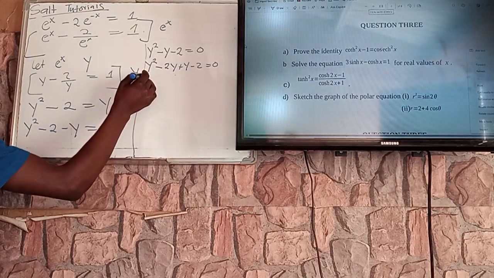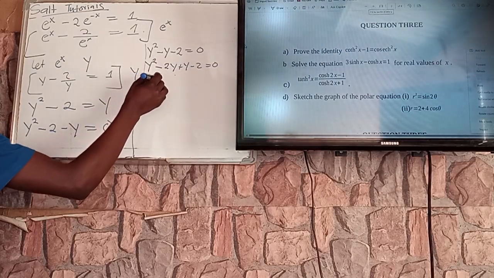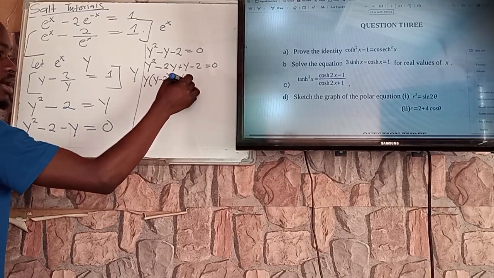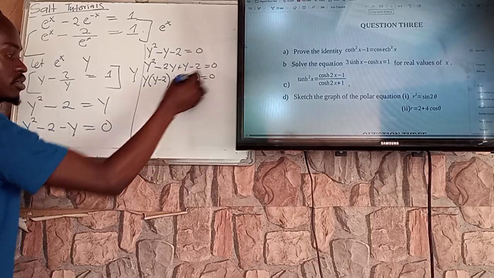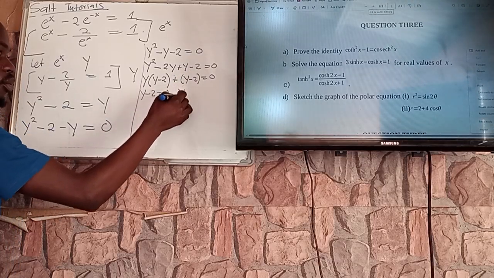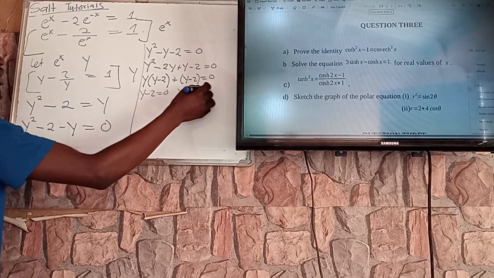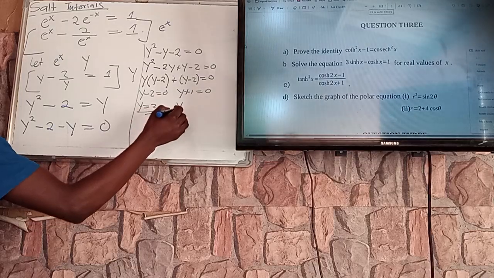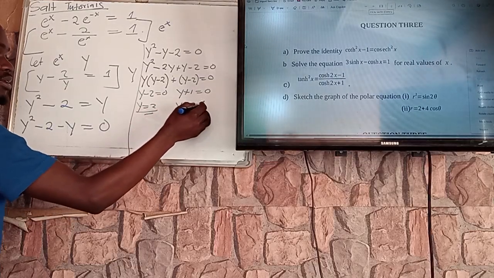So when we factor out, we have y open bracket y minus 2, plus y minus 2 equals 0, implying that y minus 2 equals 0 and y plus 1 equals 0. So y equals 2, and y equals -1.